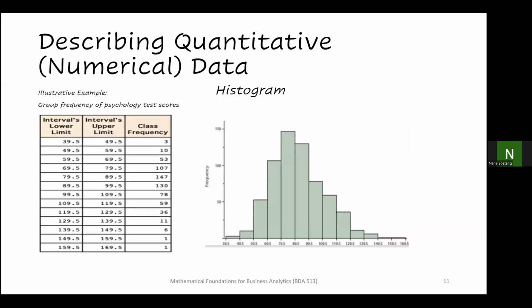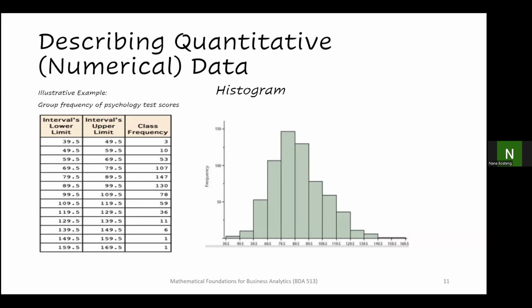So as much as possible, you don't want to have so many bins. On the other hand, you don't want to have so few bins that you are not able to see how the data is distributed. So you need to balance it.